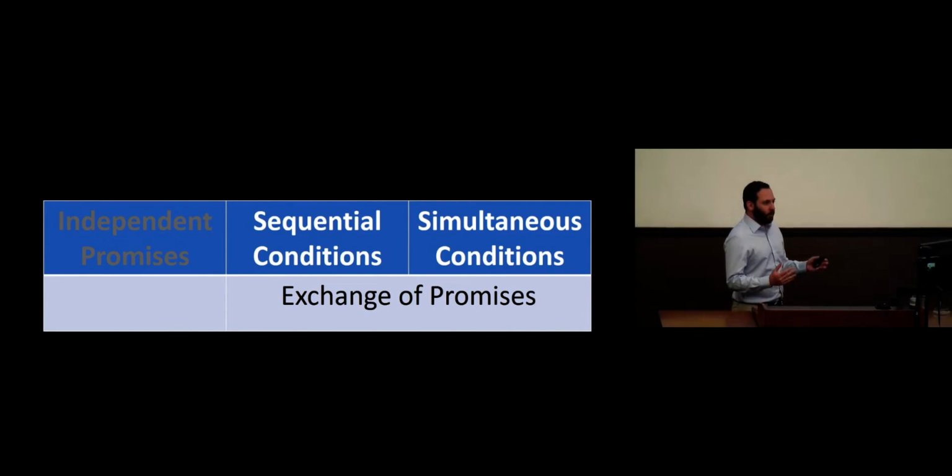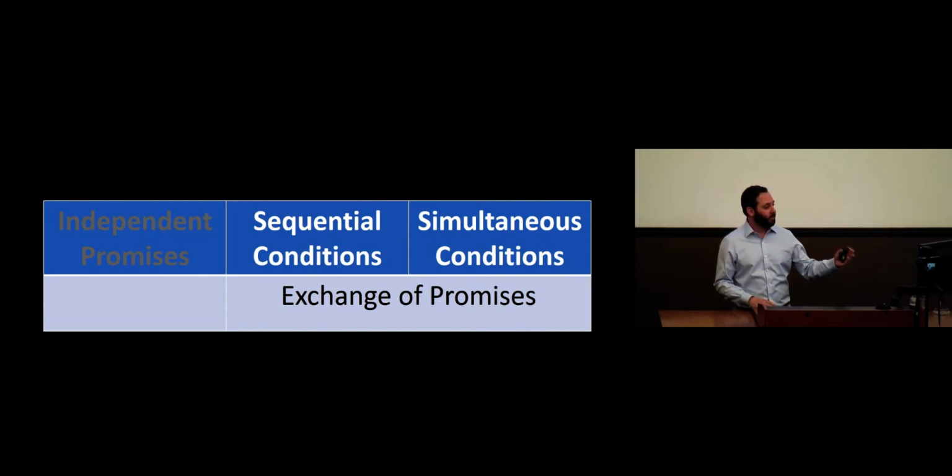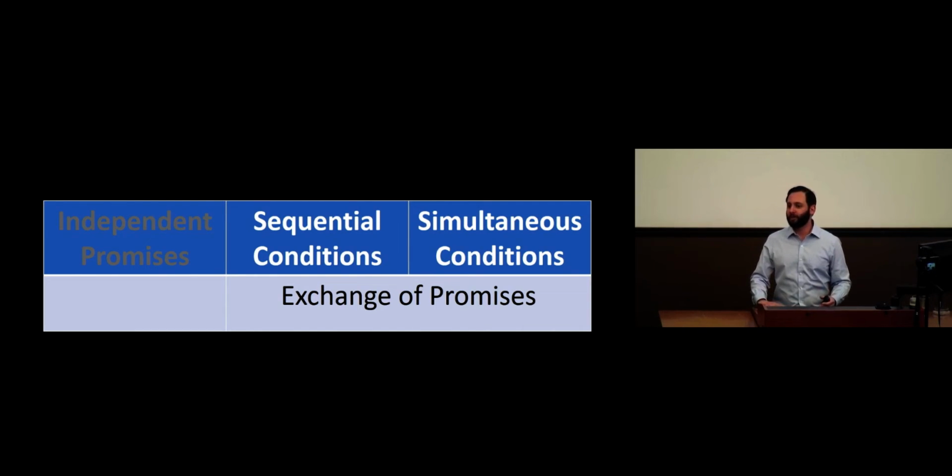So in the world of contracts, the default is to presume there is an exchange of promises, to presume that the promises are dependent on each other. In fact, to presume that they are simultaneous conditions that are mutually dependent, although in many cases, particularly with services that are rendered over time, it makes more sense to construct them as sequential promises.